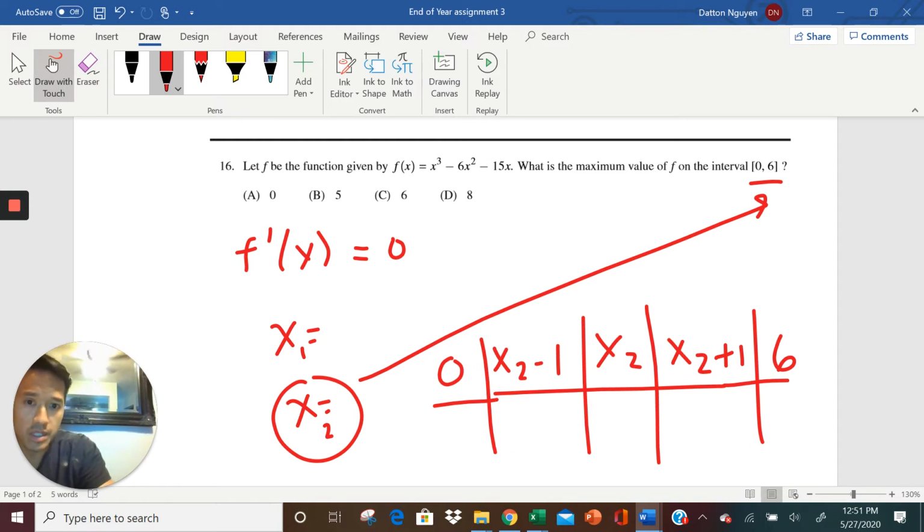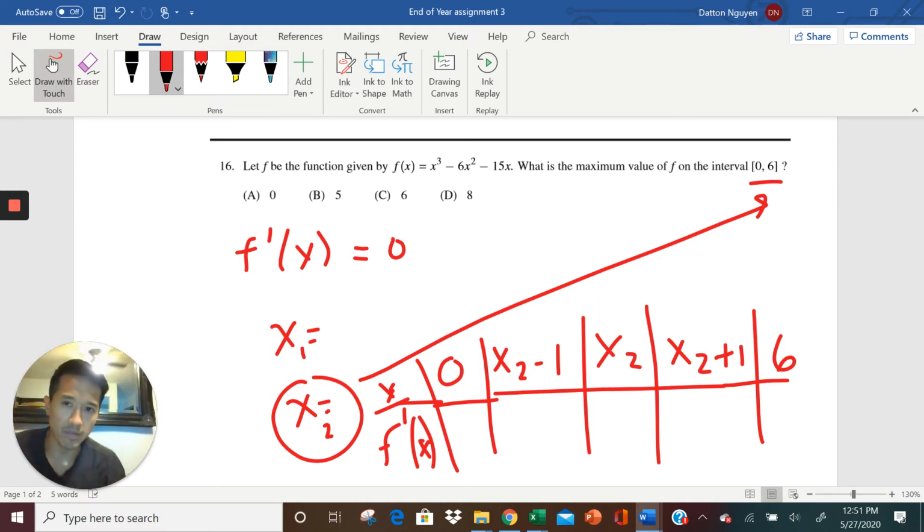I plug in 0 and 6, and what is f prime at those points? These are x. Okay, so what are those points there? So either my max value will occur at 0, at 5, at 6, at 8.